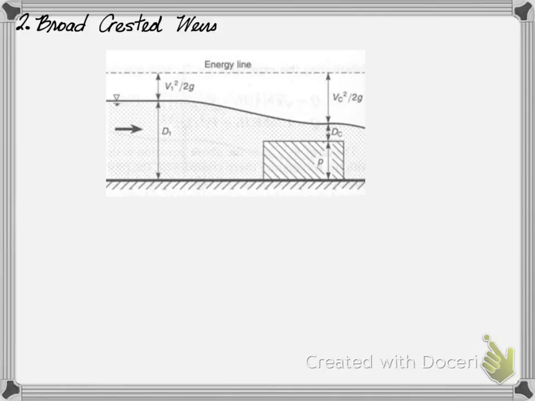Next, we will discuss the broad-crested weir, which has a long parallel length with respect to the flow. The following schematic provides a detailed overview of the flow over the weir. As previously mentioned for a sharp-crested weir, it is also true in a broad-crested weir that as the flow goes over the weir, the flow depth is critical, as you can see in the schematic, DC.